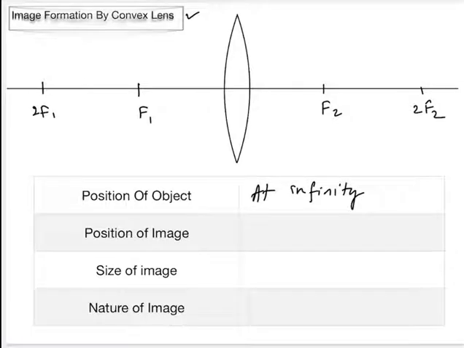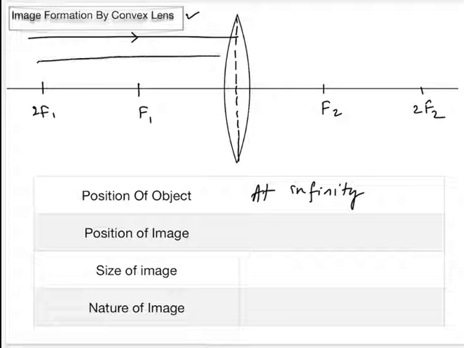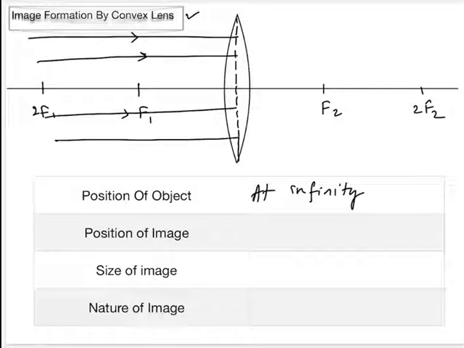As we have earlier discussed, if the object is at infinity, we assume that the rays are parallel to the principal axis. And we also know that when rays are parallel to the principal axis, after refraction, they all will pass through the principal focus.